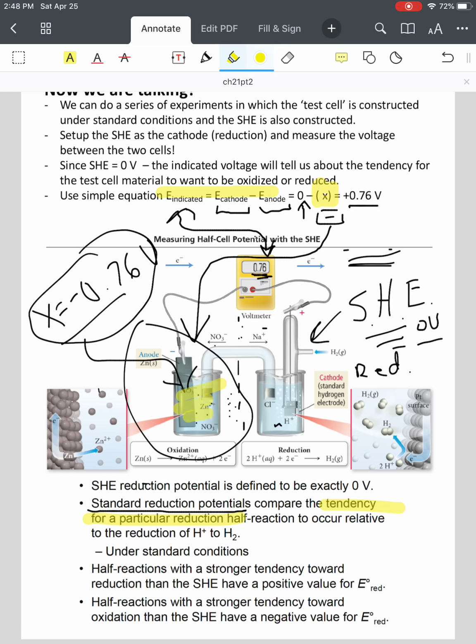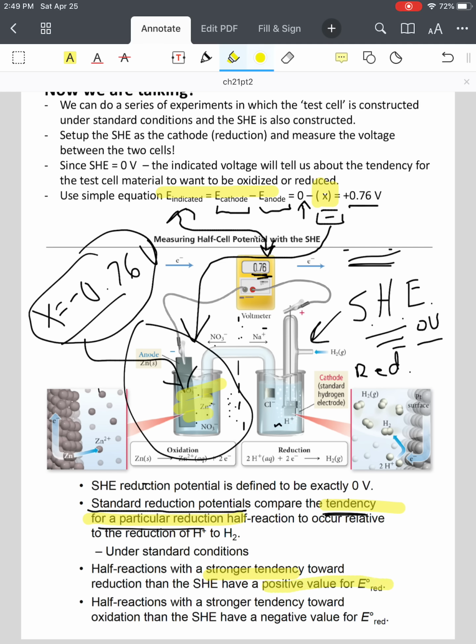It tells us about the tendency for zinc 2 plus to want to be reduced to elemental zinc, zinc 0, or zinc solid, in relation to hydrogen. Now the cool thing about this is any reduction half reaction with a stronger tendency towards reduction, compared to hydrogen, will have a positive value for their E0 reduction.